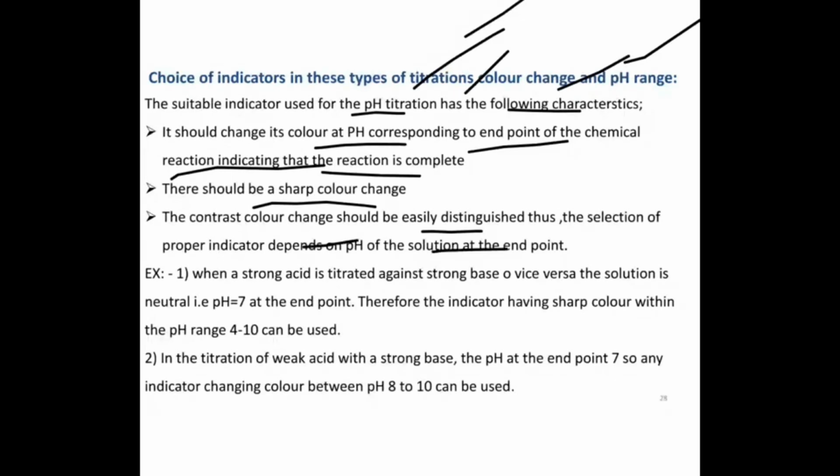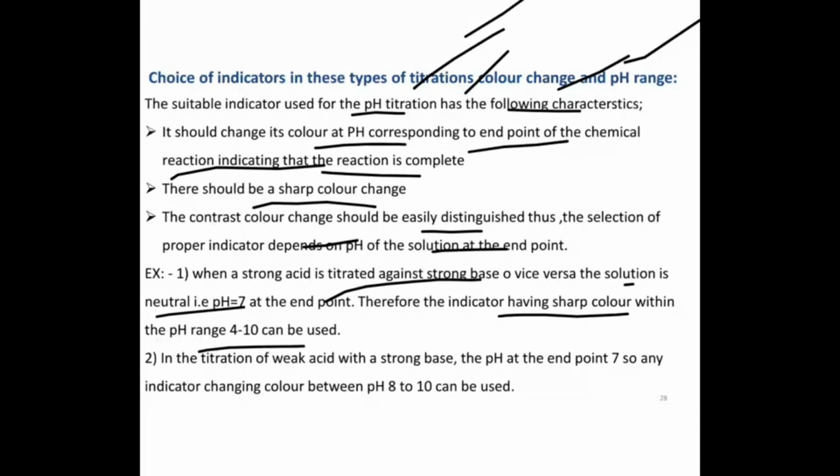When a strong acid is treated against a strong base, or vice versa, the solution is neutral, so the pH will be 7 at the end point. Therefore, indicators having a sharp color change within the pH range of 4 to 10 can be used for this reaction.